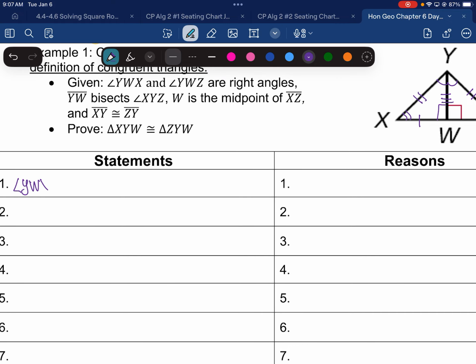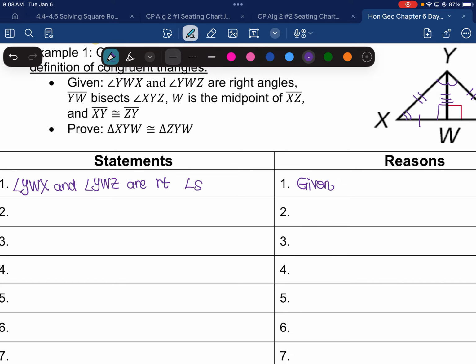Angle YWX is congruent. Nope, sorry. And just straight up write it as you see it. And angle YWZ are right angles. That's given. But that doesn't say that this angle is congruent to that angle.